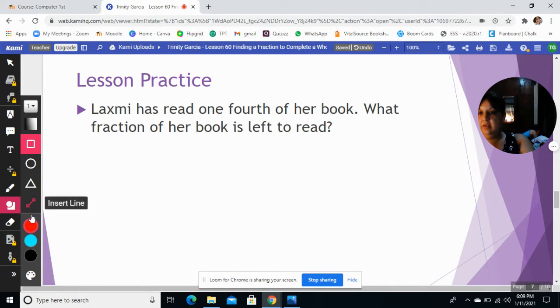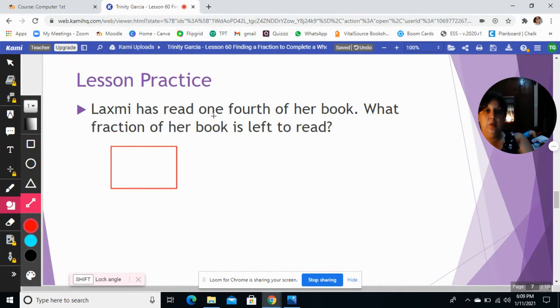Let me get a color that will show up. Let's draw our book. We're going to draw it this way this time because it does not matter which way you're drawing. Okay, and we know 1/4, so we need to have 4 parts. 1, whoa, that's not very even, sorry about that. 2, 3, 4.